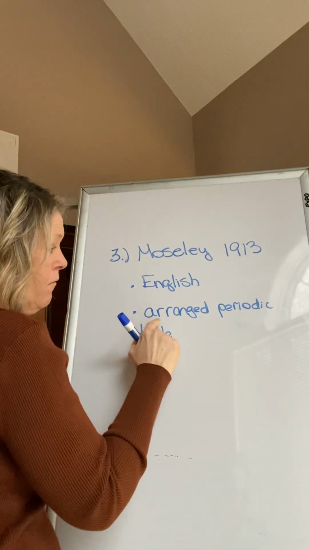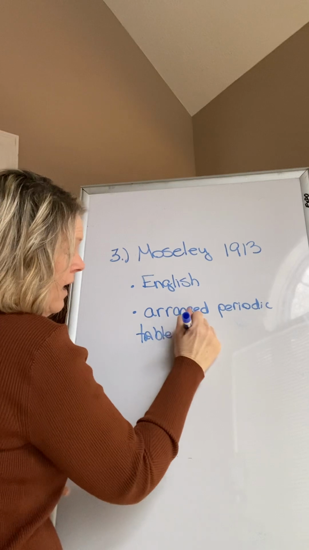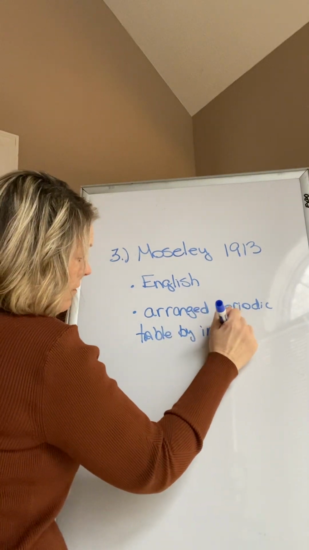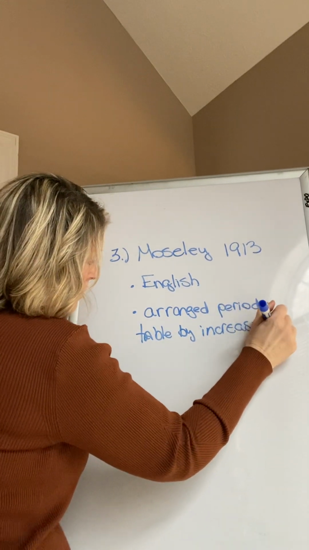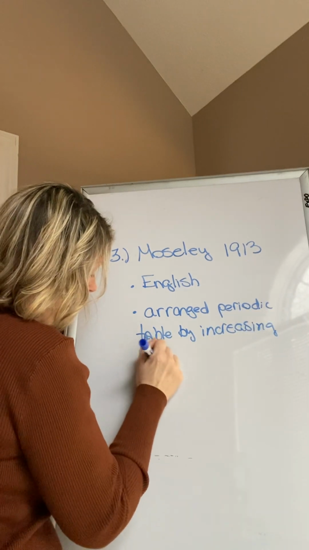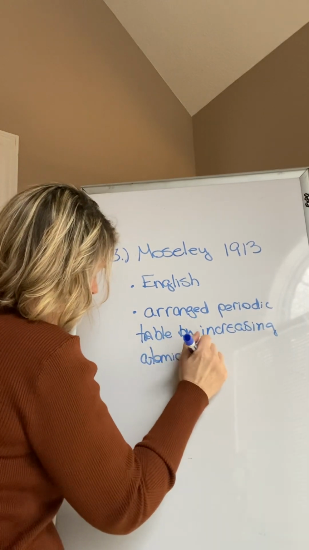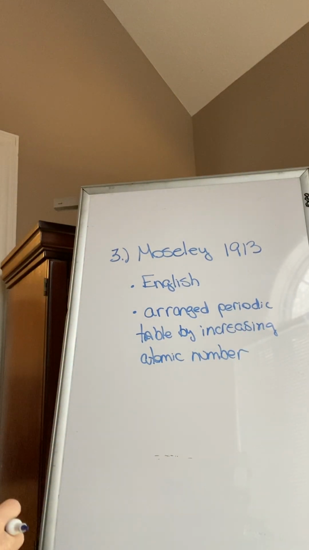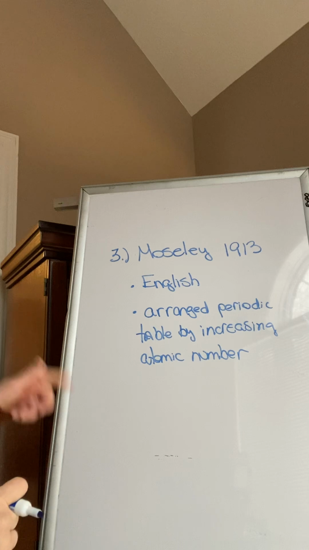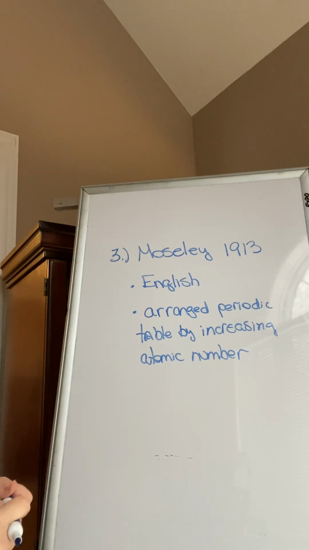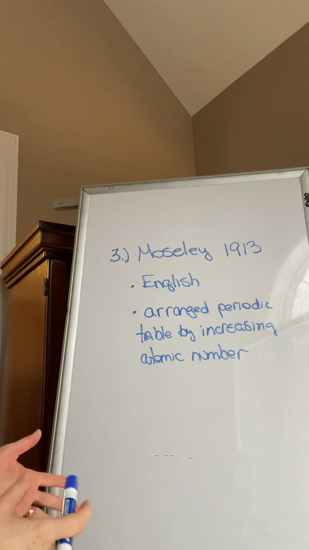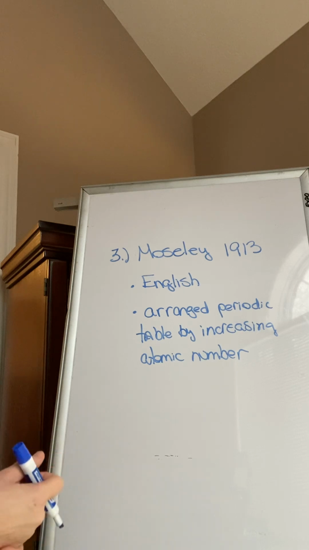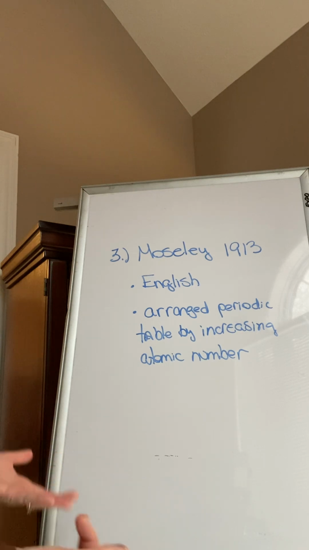So let's say that he arranged the periodic table by increasing atomic number. Now he could do this because by this point in time we knew about protons, and so now we had an atomic number. Mendeleev did not have that information, so he couldn't have arranged by atomic number because during his time that didn't exist.